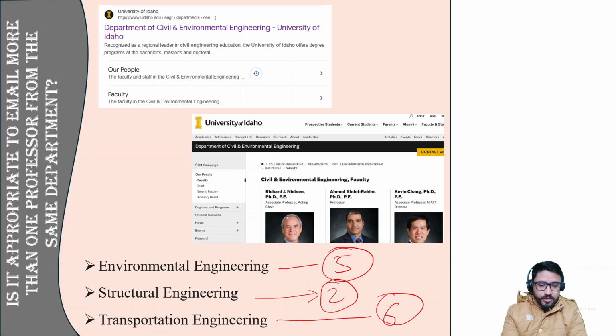That means you can mail 5 professors if you are interested in environmental engineering. So you need to select and then mail. But if you are mailing for transportation and environmental, all 5, and structural, all 2, that's not a good idea. Be specific with your research and the professor's research.